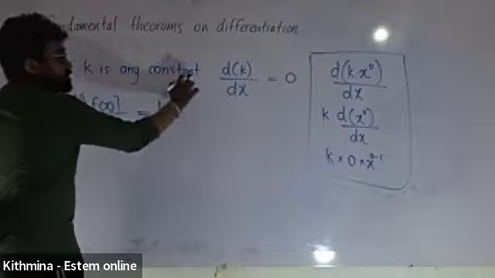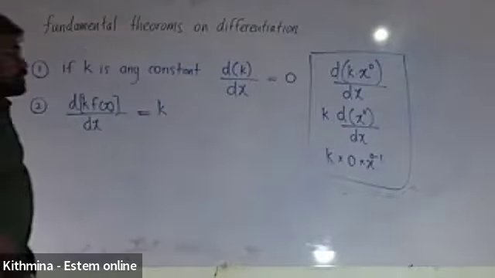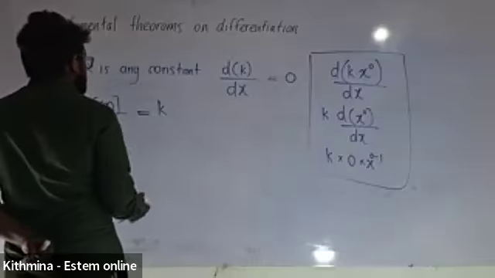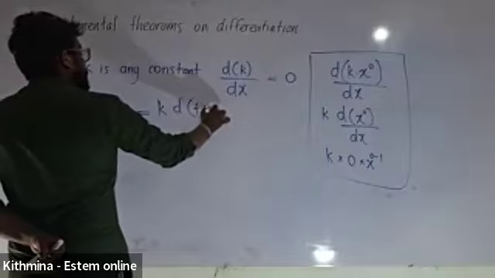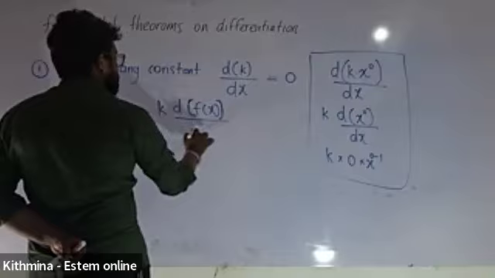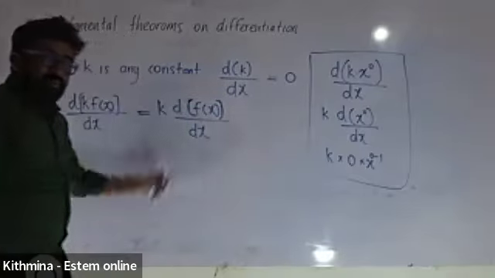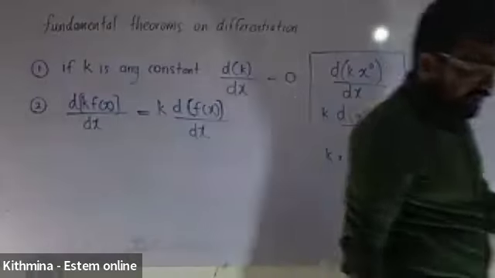This k is any constant, valid for all theorems, and you can just differentiate f(x) only. You can easily pull out k outside. That's the second theorem. They are very easy theorems.